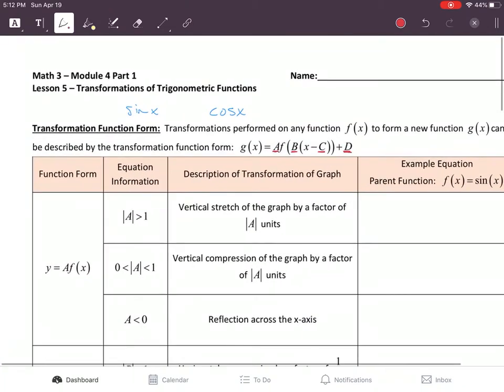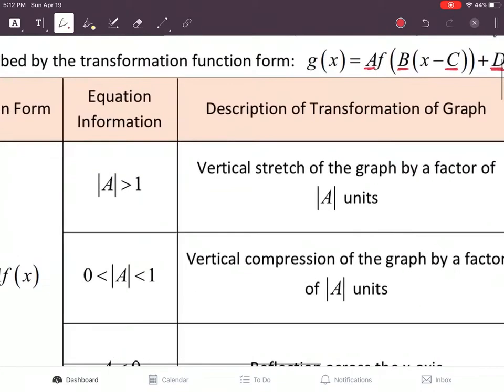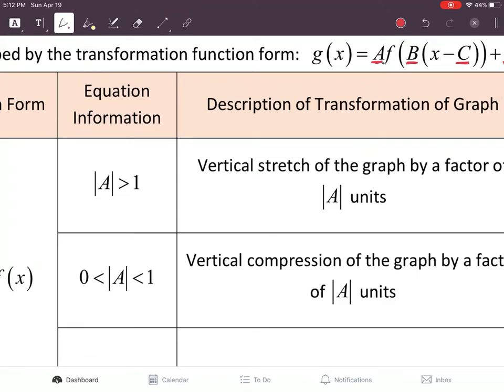Okay, so the first one we look at is the A value, if the A value is something other than 1. Now there's something a little bit different on this one, because your A value here, you notice this time it's going to be an absolute value. The reason why the A value is going to be an absolute value is because the A value is also the same thing as your amplitude. We looked at this in the last lesson, that your amplitude is from the midline to the top of the periodic function or the midline to the bottom.